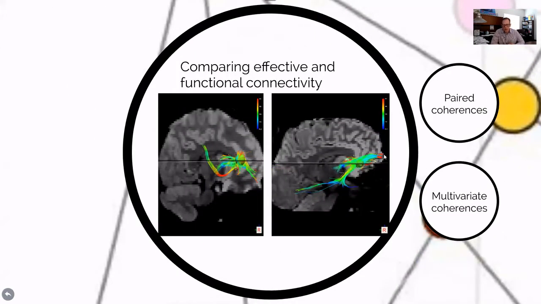So what we're going to do here is we're going to take a case example that we'll go through during this talk and compare measures of effective and functional connectivity so you see how they play out in real practice. So this is an example of a diffusion tensor image of, on the left side, a teenage girl with what's called a mu rhythm suppression deficit or a mirror neuron dysfunction.